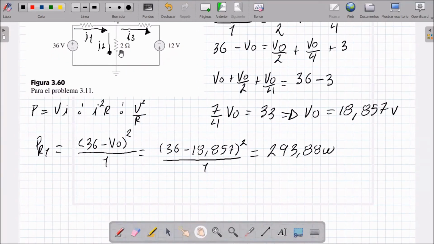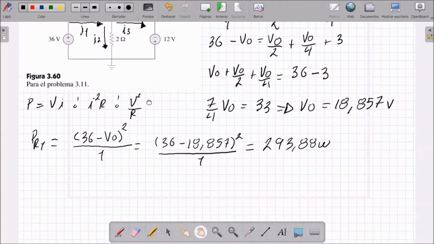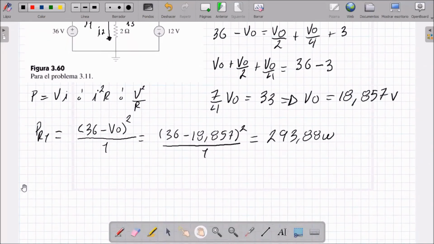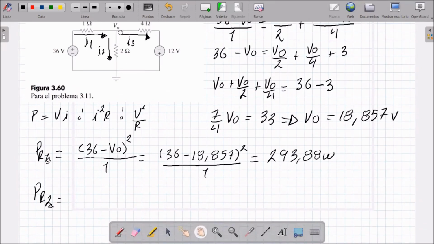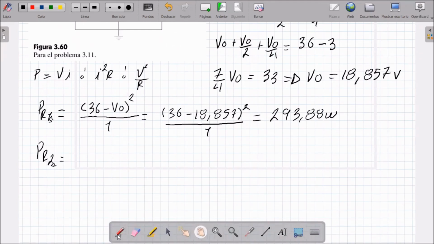Okay, now I want to determine the power across the 2 ohm resistor. The voltage between this point and this point would be V0. It's going to be equal to V0 squared over the resistance, which is 2.